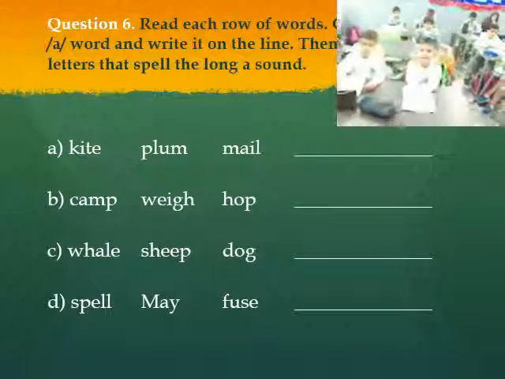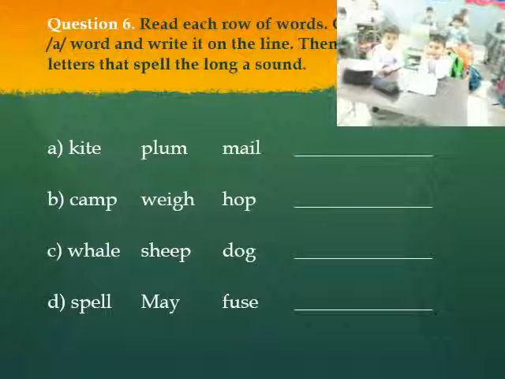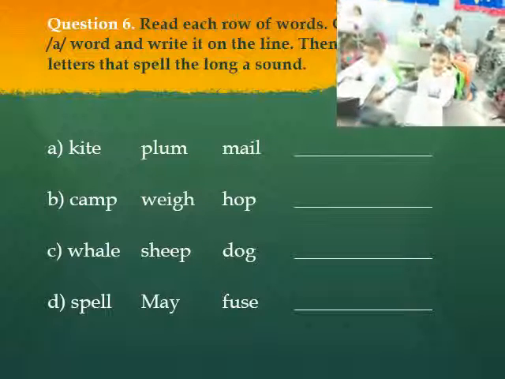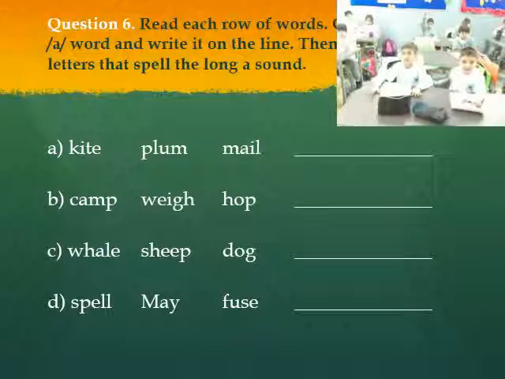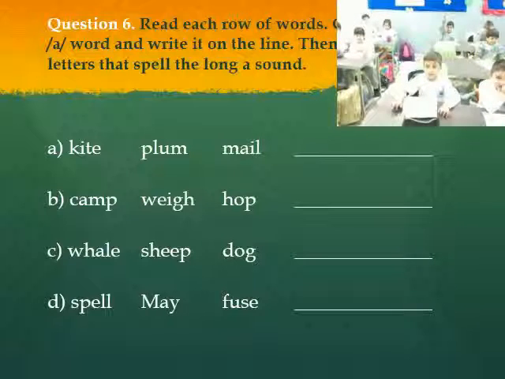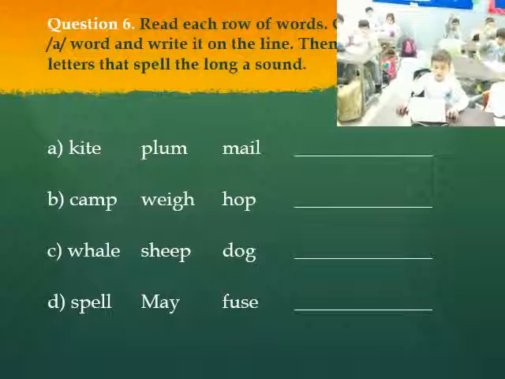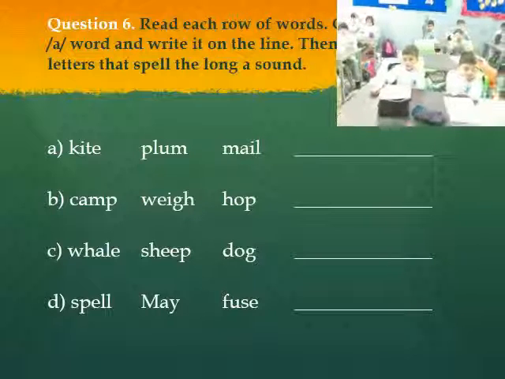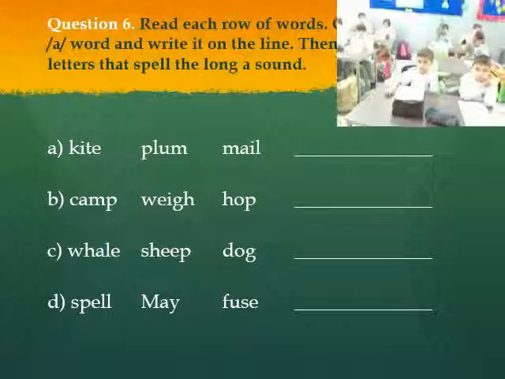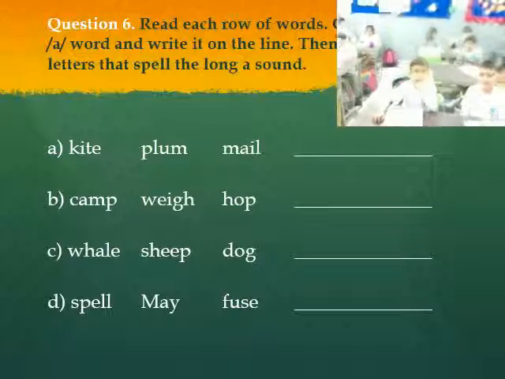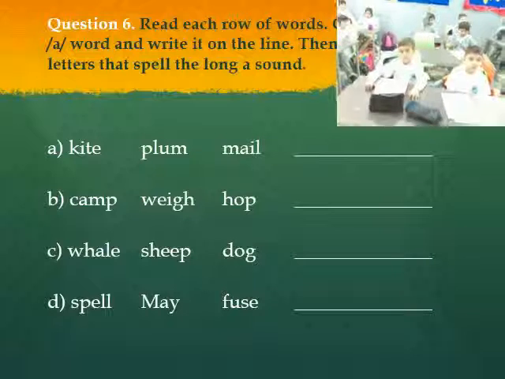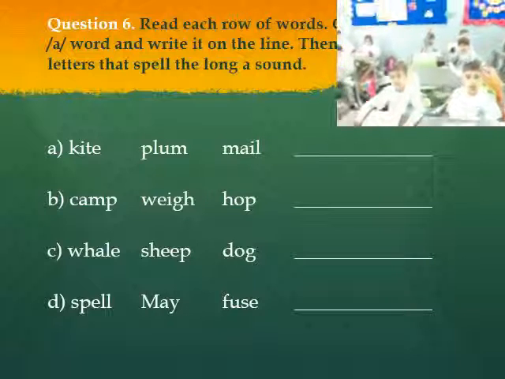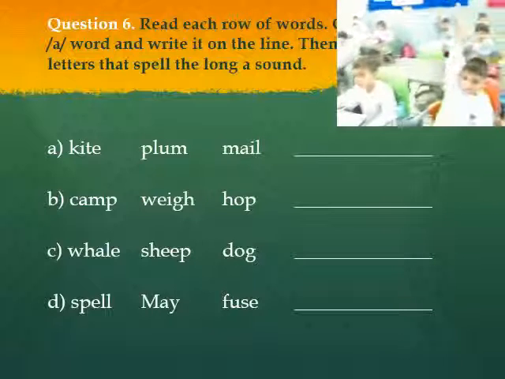Question number 6. Read each row of words. Row are the words that are next to each other, okay? Circle the long A word and write it on the line. Then underline the letters that spell the long A sound. So we're going to read each row of words. What sound are you going to be looking for?